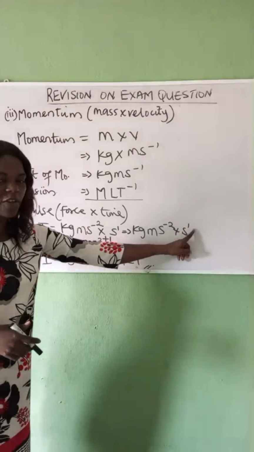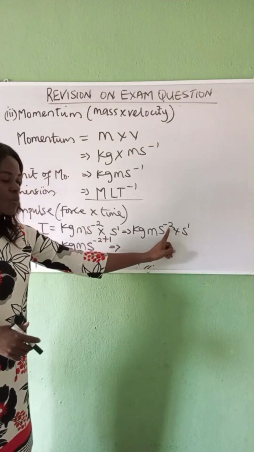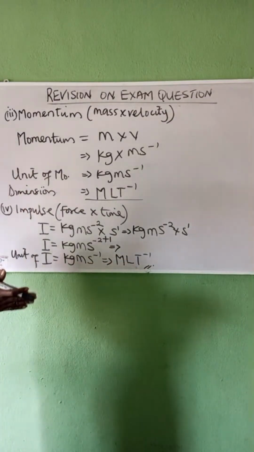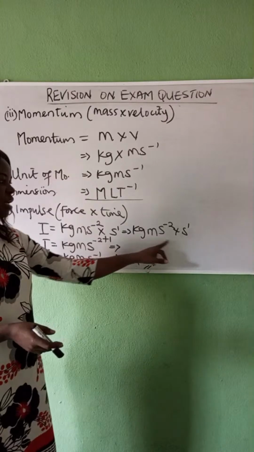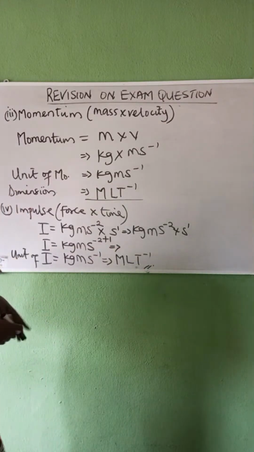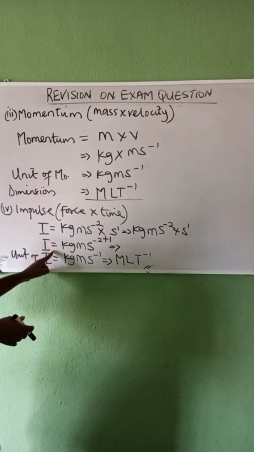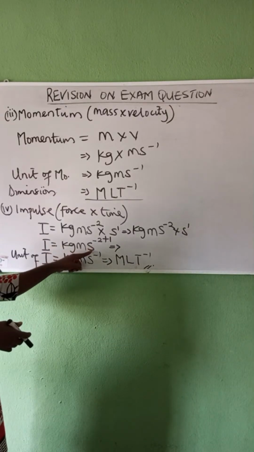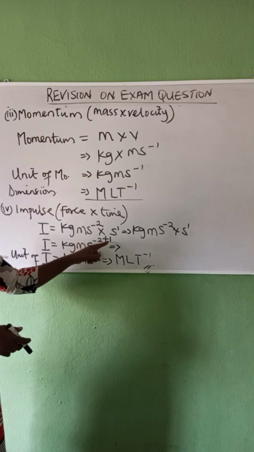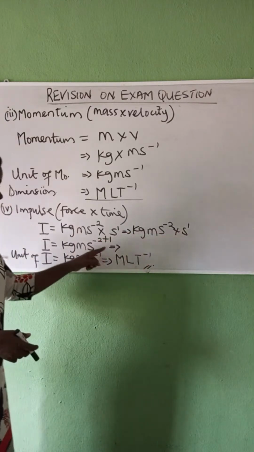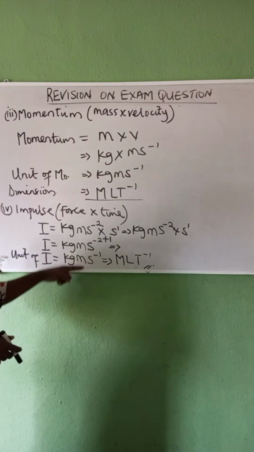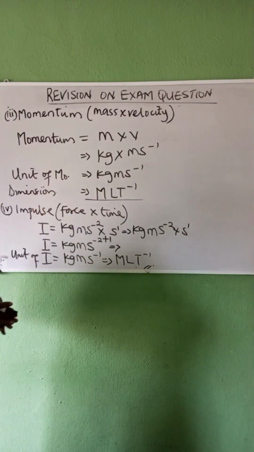This one has an invisible power of 1, while this is power minus 2. Let's bring them together with the law of indices because the bases are the same. Impulse equals kilogram meter second to the power minus 2 plus 1. I brought these two together. It gave rise to kilogram meter per second, which is the same thing as the unit of momentum.